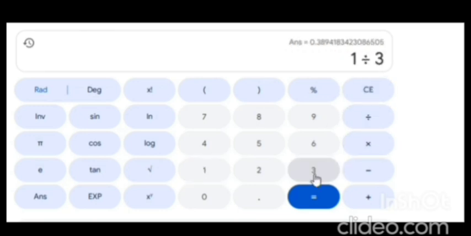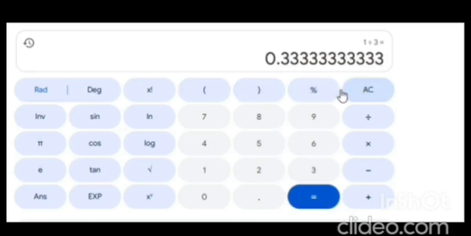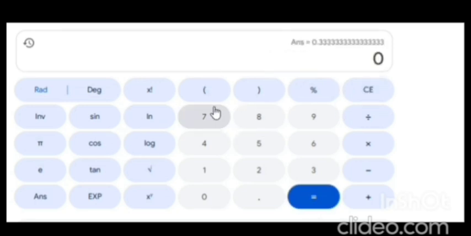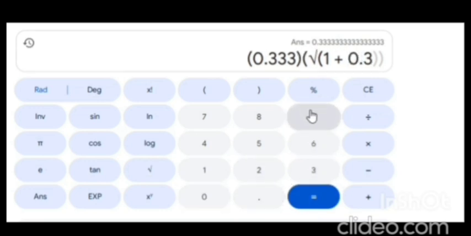Now I substitute into the whole equation: 1 divided by 3 is 0.333, into root of 1 plus 0.39.